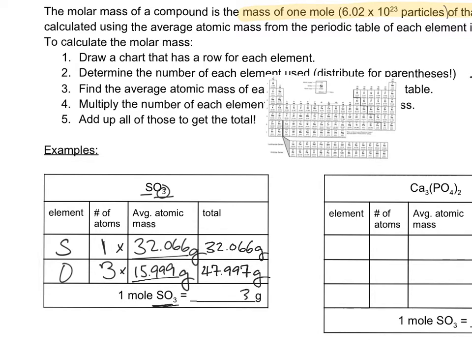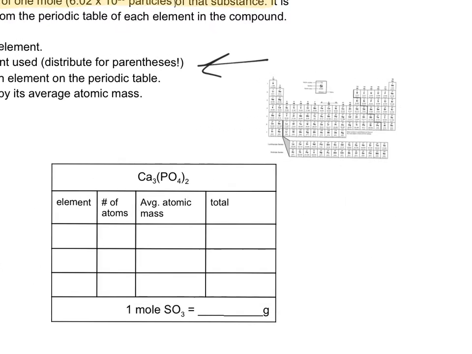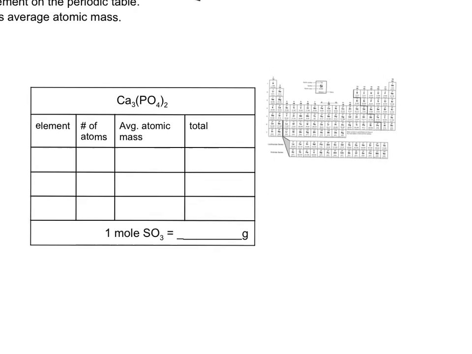That's 80.063 grams. So what this essentially means is that if you got 1 mole of SO3, it would have a mass of 80.063 grams.